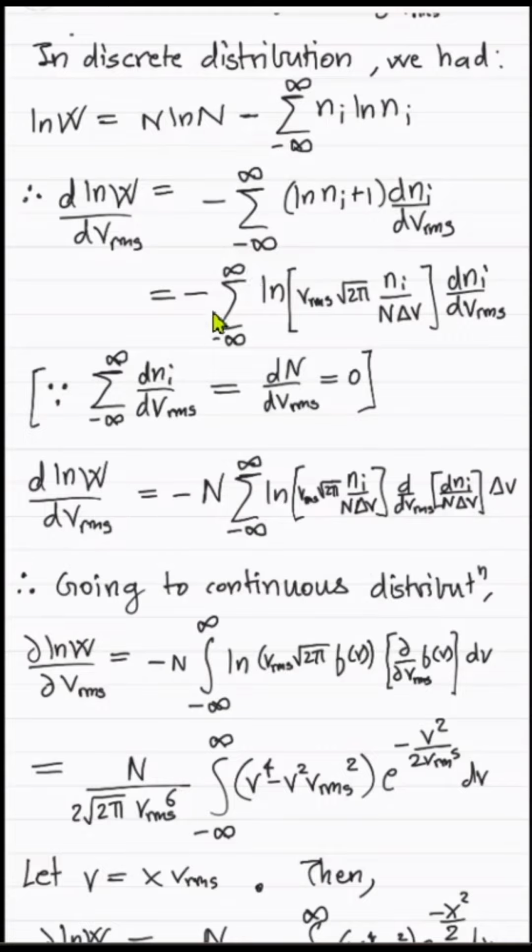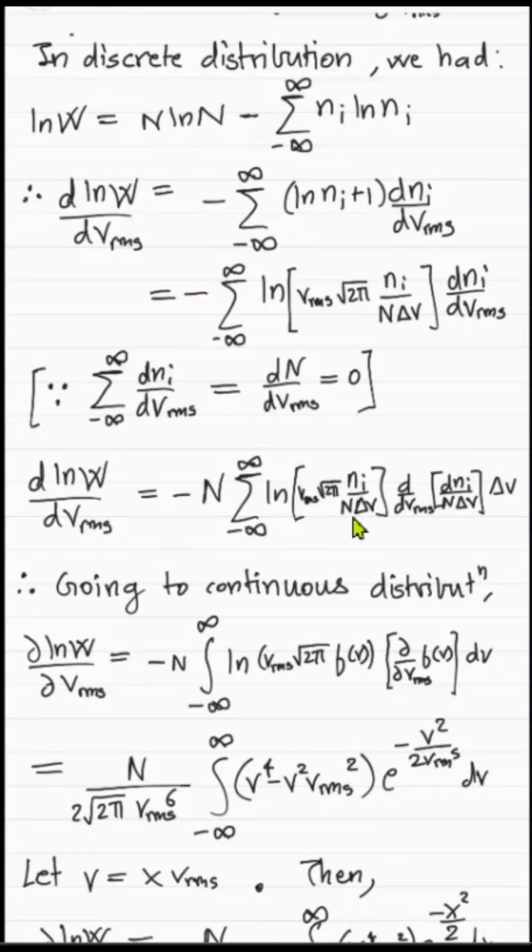So you got this as our equation now. So you can convert that to an integral, right? So first we'll just write it in the form that's best to convert it to an integral. We'll write as negative capital N summation natural log of vrms, that times square root of 2 pi, that times ni upon capital N delta v. So ni upon capital N is just equal to our dx in the continuous distribution, and delta v would be our dv, right?